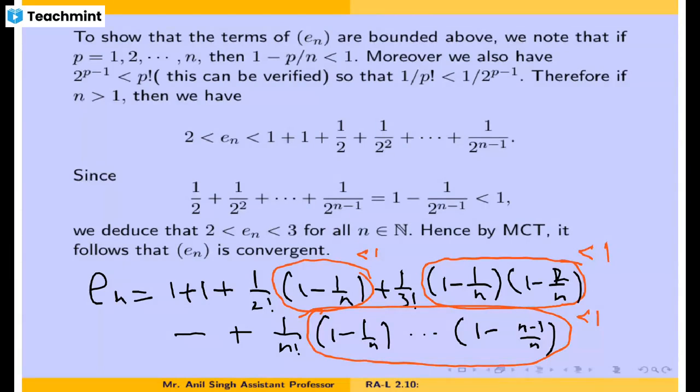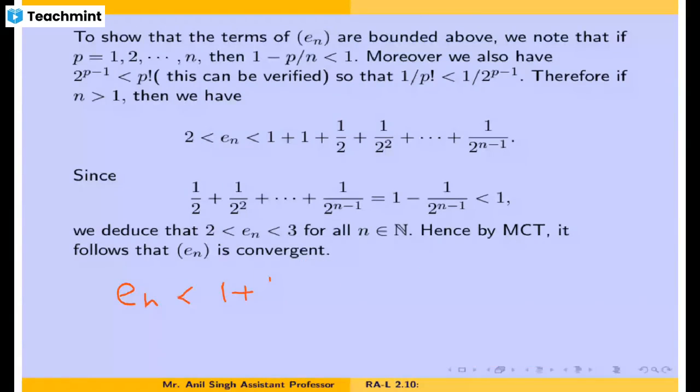So what it gives us is this inequality, that E_n is less than 1 plus 1 and 1 by 2. Let me write it separately. It will give us E_n less than 1 plus 1 plus 1 by 2 factorial plus 1 by 3 factorial plus so on plus 1 by n factorial.